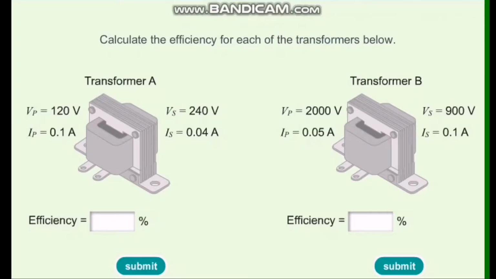Okay, let's take a look at this example on how to determine the efficiency of these two transformers. You are given transformer A on the left and transformer B on the right. So let's find the efficiency for transformer A first.